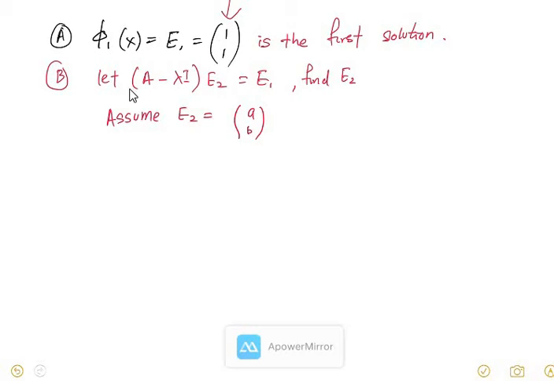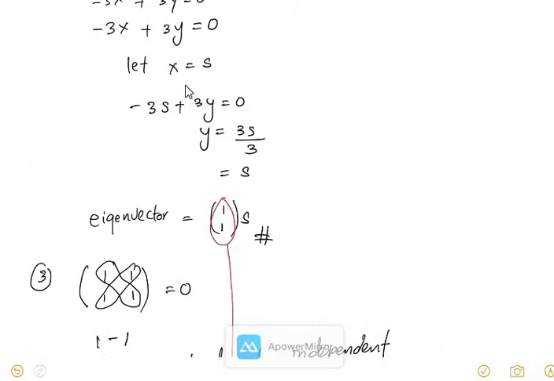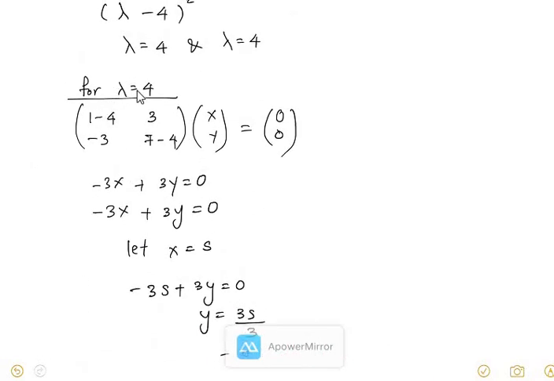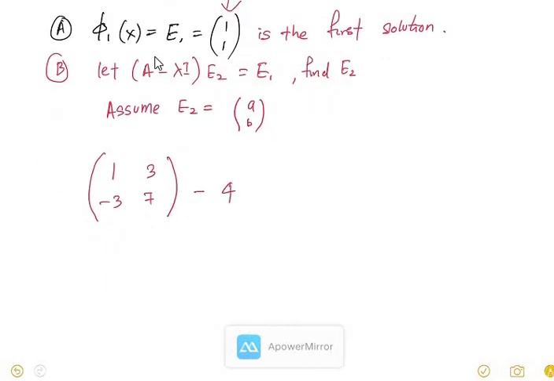So now assume A minus lambda I. A from the question is 1, 3, minus 3 and 7. A minus lambda, what is the lambda? Lambda is 4. So minus 4 I, where I refers to the identity, so 1, 0, 0, 1.